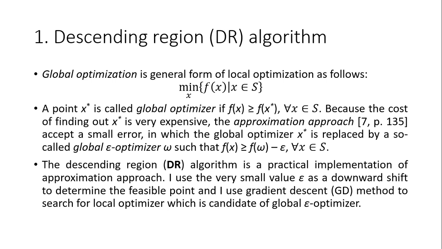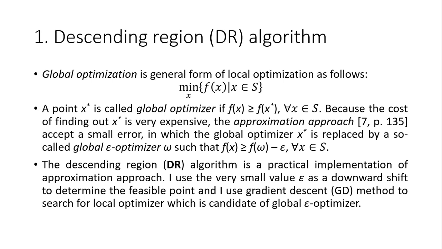A point S* belonging to S is the global optimizer if F(S) is larger than or equal to F(S*) for all S belonging to S. Because the cost of finding S* is very expensive, the approximation approach accepts a small error, in which the global optimizer S* is replaced by a so-called global epsilon optimizer omega such that F(S) is larger than or equal to F(omega) subtract epsilon for all S belonging to S. The descending region DR algorithm is a practical implementation of the approximation approach.